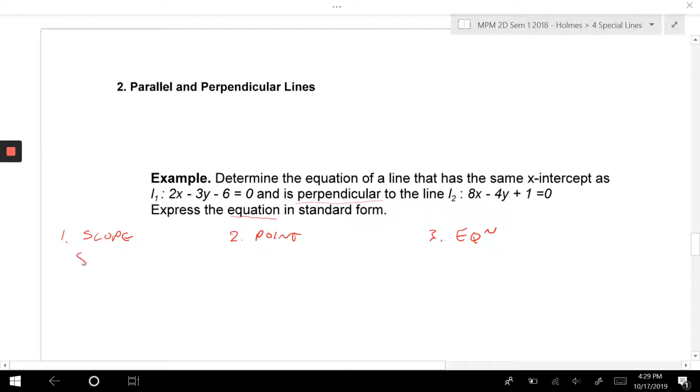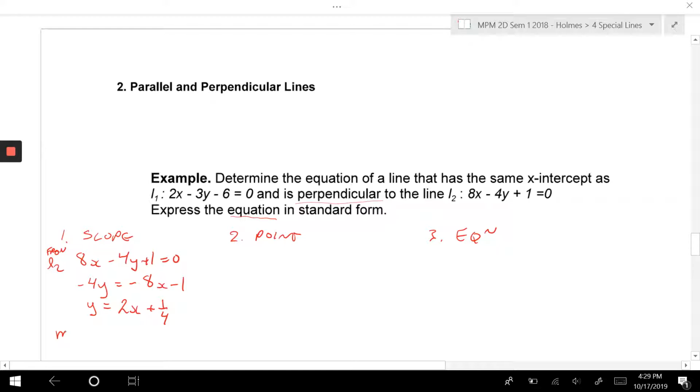So from my line 2, I get 8x - 4y + 1 = 0. Rearrange my equation. I get -4y, subtract 8x from both sides, subtract 1 from both sides, and then divide both sides by -4. -8 divided by -4 is 2. -1 divided by -4 is positive 1/4.